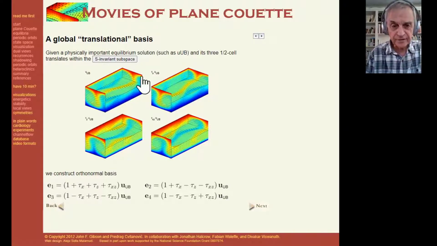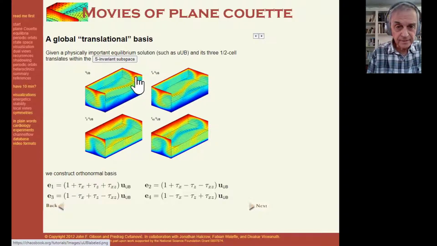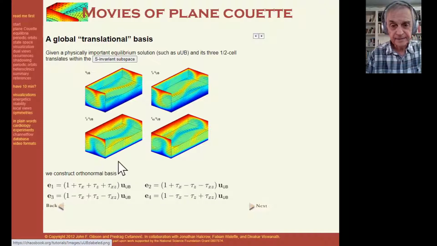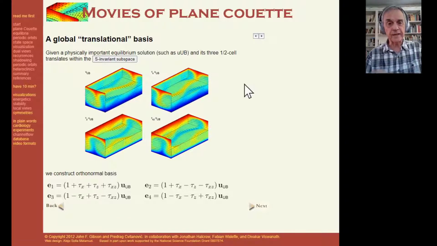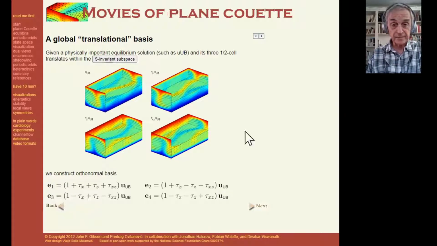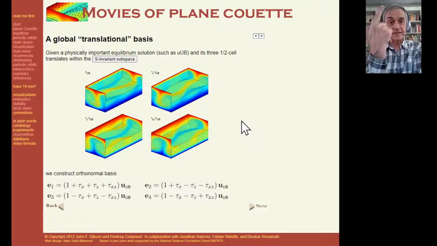And every time you do this, you get things that look very different. This solution is the solution above that has been flipped, and it has a totally different shape. And then when it's translated by half, it has a totally different shape between 4 of these things. So from one equilibrium, you get 3 more for free just by symmetry. But they're very different in shape, which means that when I present them in the state space, they're very distant from each other.